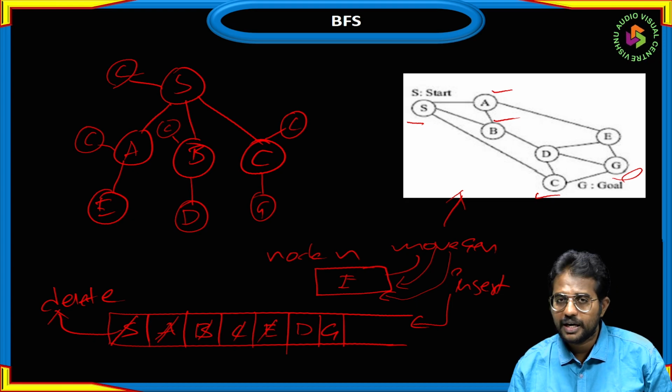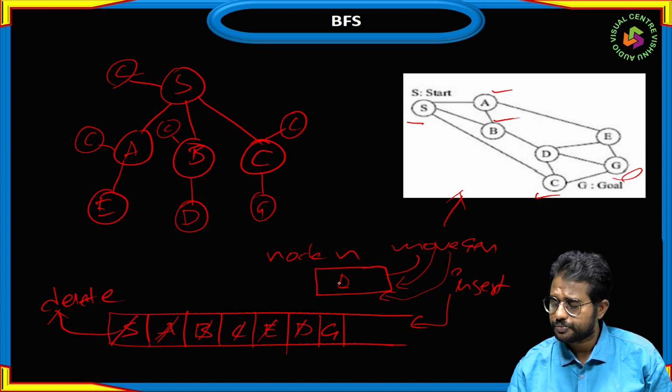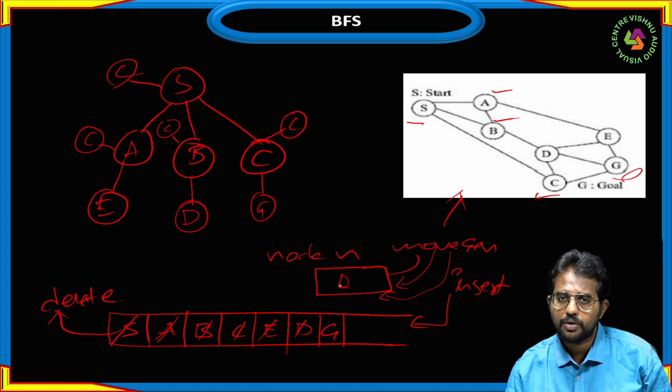Next, again the while conditions will be checked. After the conditions are checked, D will be deleted and stored in node N. Again D will be checked for the goal test condition.